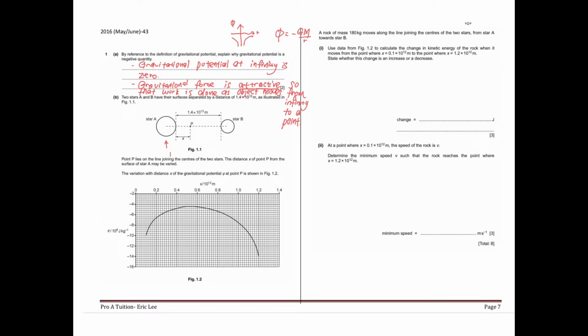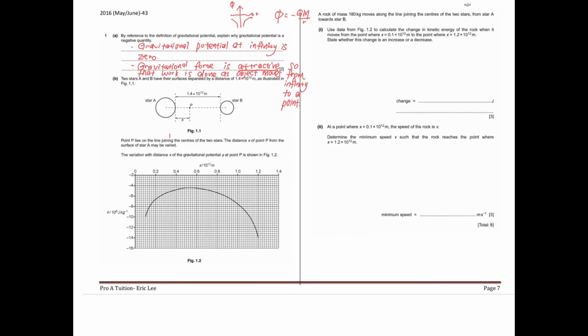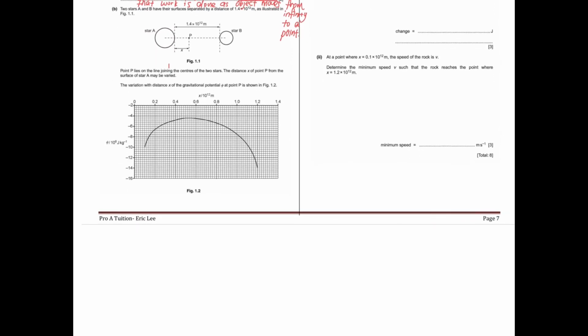Let me draw it out. I need a bigger space to draw this. Let's say I do it here. It's kind of limited space over there.